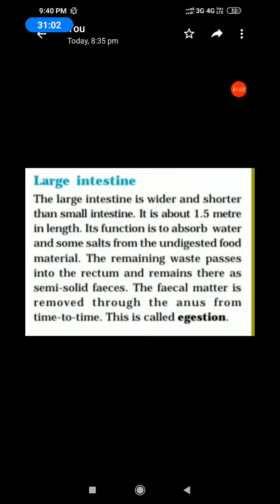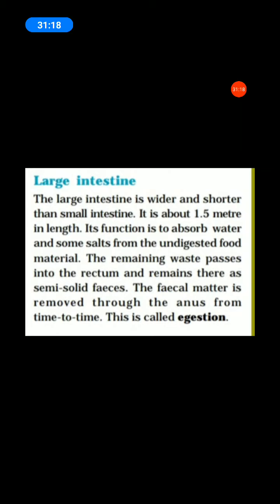Its function is to absorb water and some salts from the undigested food materials. The remaining waste passes into the rectum and remains there as semi-solid feces.